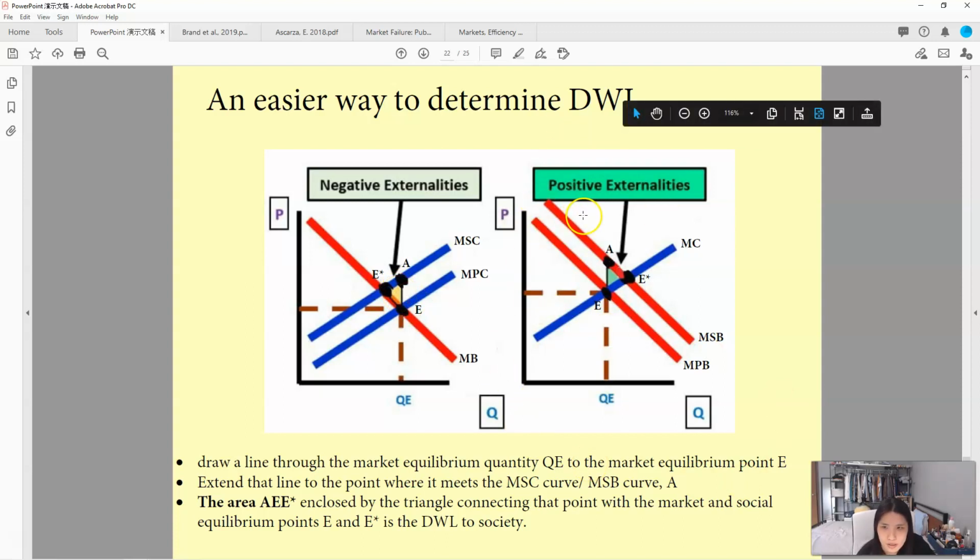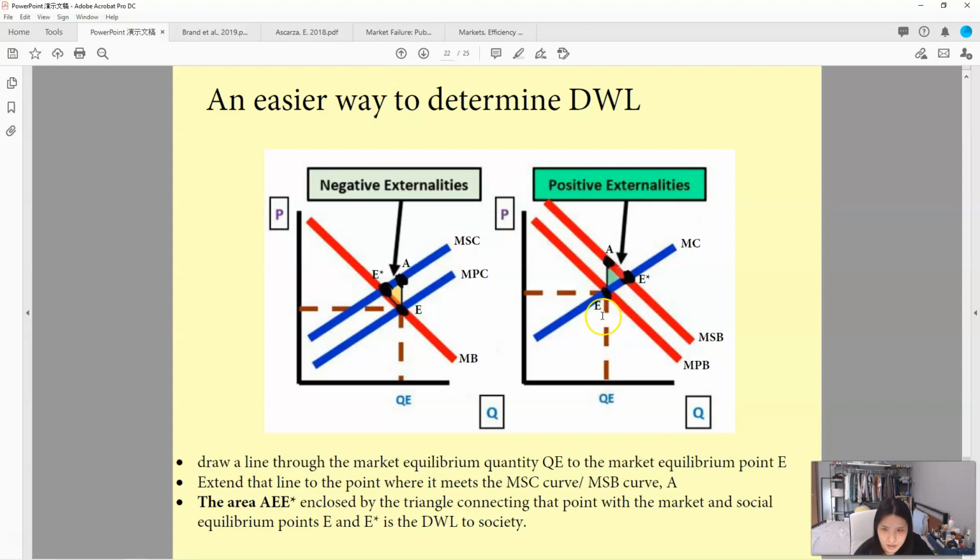Also, for the positive externality, first we need to find the market equilibrium, the intersection of marginal private benefit and marginal cost. And then we need to find the equilibrium quantity.